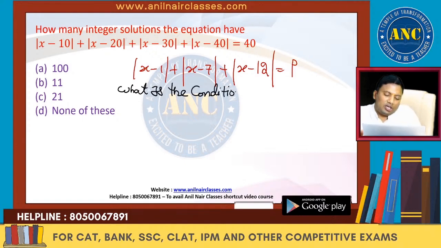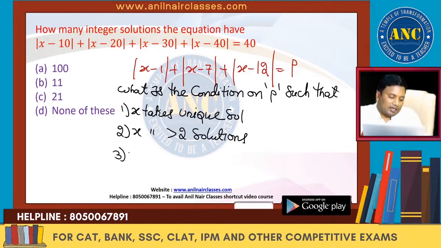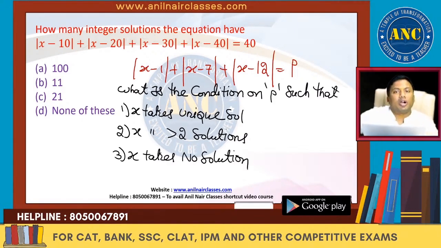What is the condition on p such that x takes a unique solution, x takes more than two solutions, x takes no solution? |x - 1| + |x - 7| + |x - 12| equal to p.